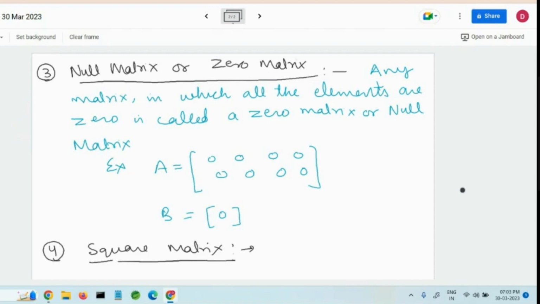The next one is the square matrix. In a square matrix, the number of rows is equal to the number of columns.